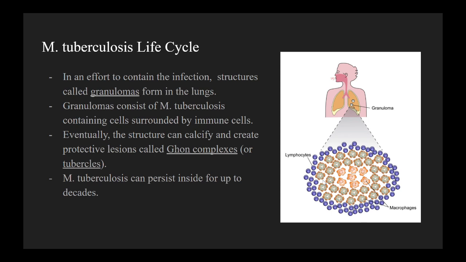But the bacteria can persist within these tubercles for extended periods of time, which means that even if you get infected by TB when you're young, the bacterium persists inside of your lungs and can reemerge. It can actually stay there for your entire life, even after treatment.